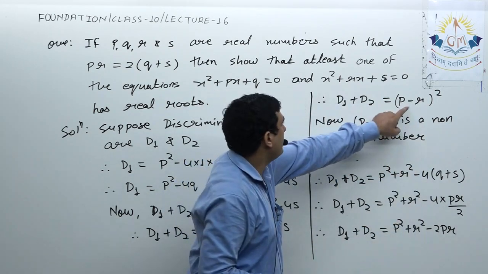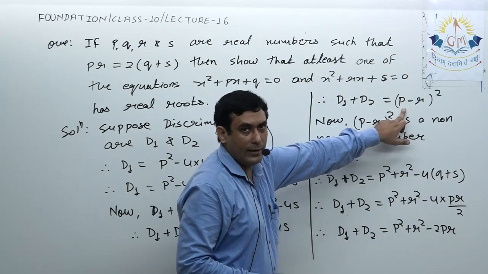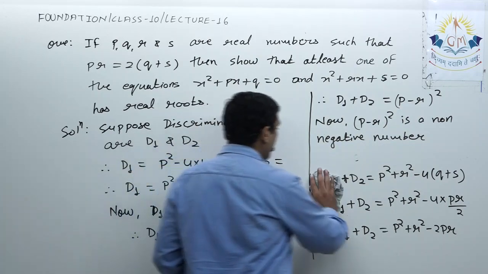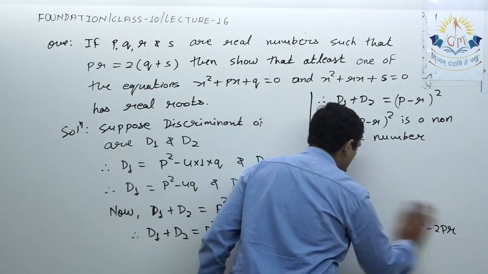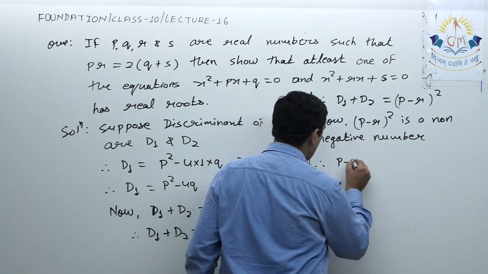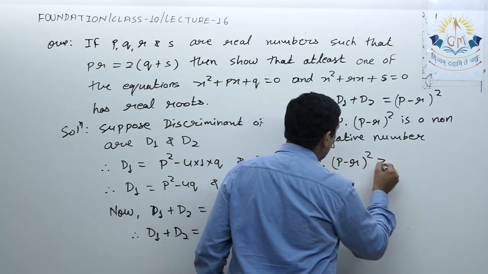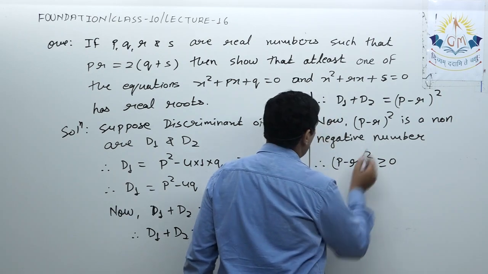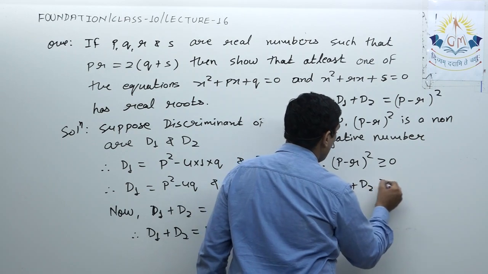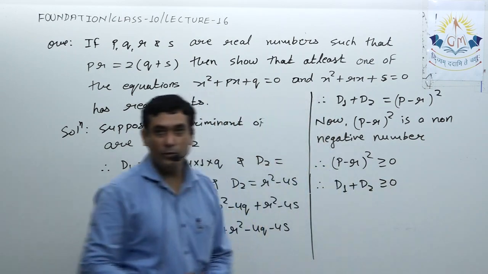If p and r are equal, then only it is 0, otherwise it is a positive quantity. So p minus r whole square is greater than or equal to 0. And p minus r whole square is actually d1 plus d2, so d1 plus d2 is greater than or equal to 0.